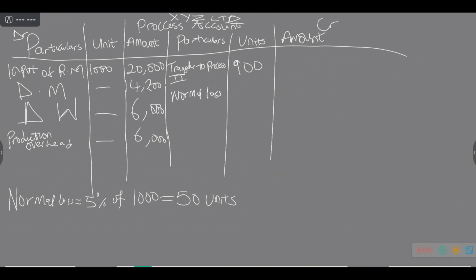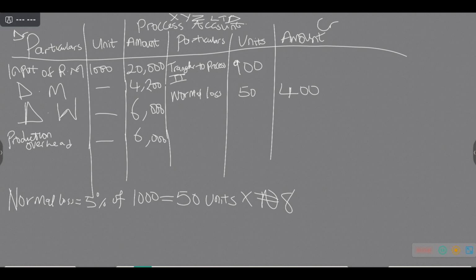So we have normal loss here, 50 units, and the scrap value given is 8 naira per unit. That's 50 times 8 naira, which gives us 400.